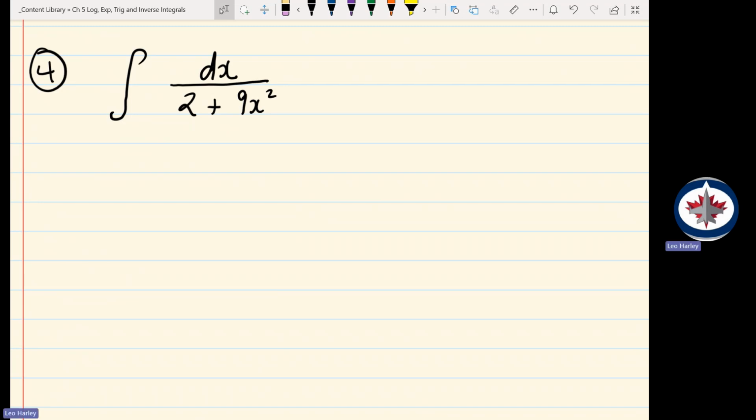Again, you can't split the bottom, you can't unmerge, you can't do long division. You can only use an inverse trig function to help you integrate this question.